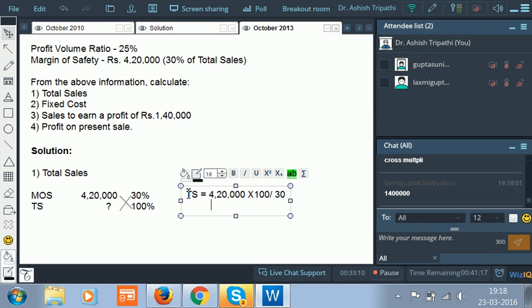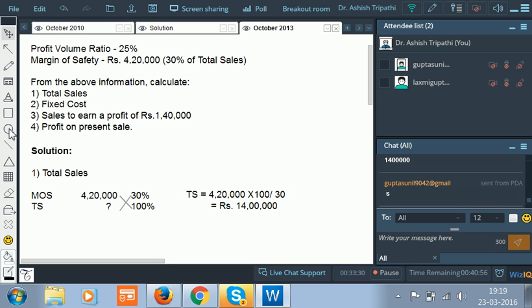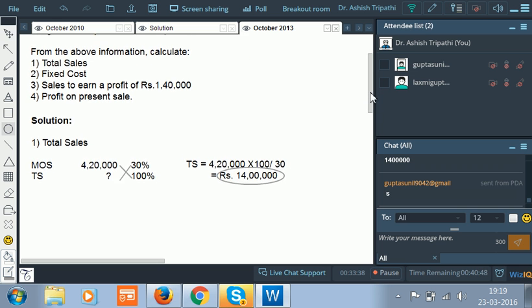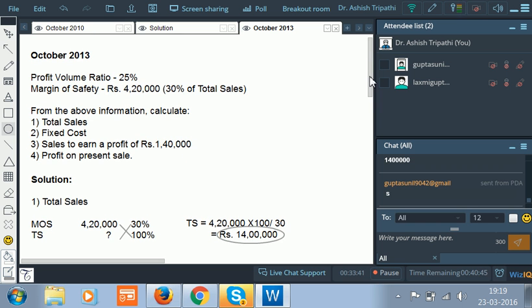Sunil, are you getting the same answer? 4,20,000 into 100 divided by 30 will give you 14 lakhs. You're correct, both of you are correct. Rupees 14 lakhs. So let us circle this. So we were able to calculate the first part.